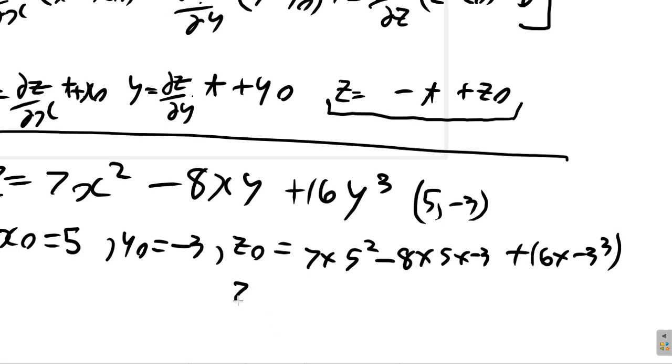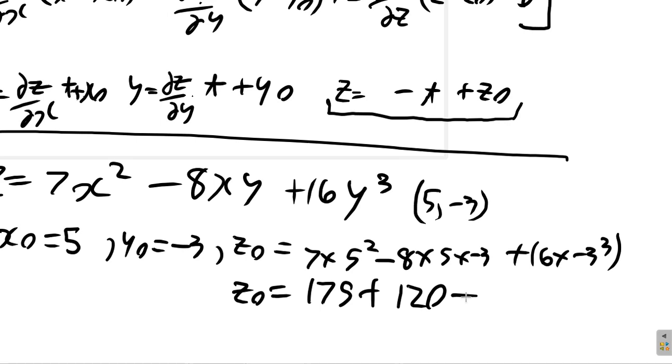So z naught is equal to, I'm just doing it on my calculator here, 5 squared is 25 times 7, 175, plus 8 by 5 by 3, it's going to be a plus 120. It's going to be a minus now.